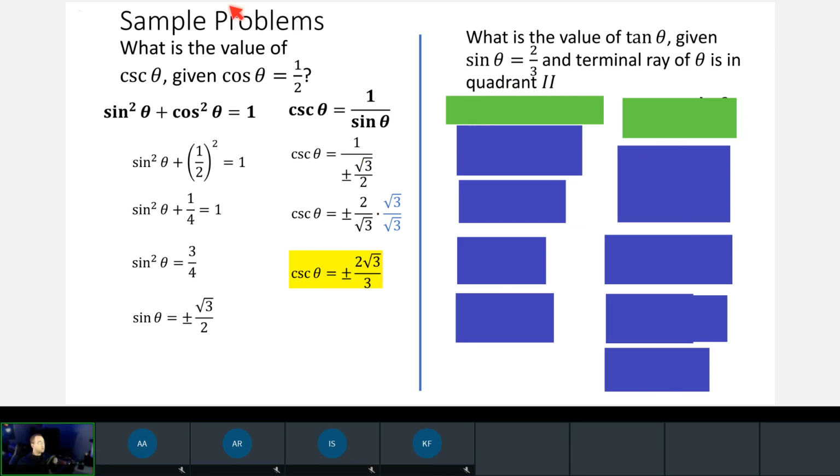All right, I'll get you started on this problem. Our goal is to get to what? Our goal is to get to tan. We're trying to figure out what tan is. I'll give you a minute to figure out your path, and then we'll compare.